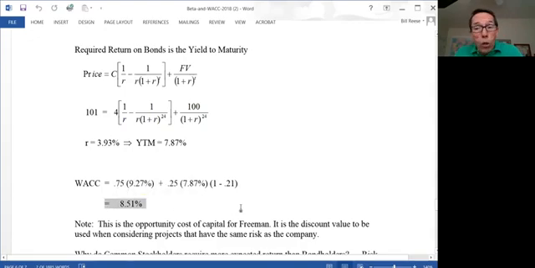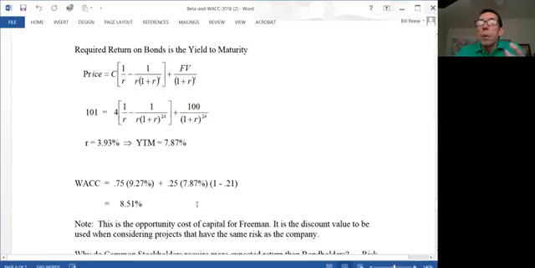Now, you don't use this if the cash flows all go to the stockholders. If the cash flows go all to the stockholders, you use 9.27%. If you've got some sort of a project where the cash flows all go to the bondholders, you don't use that. You're going to use the 7.87%. So this is for projects where the cash flows go both to the stockholders and the bondholders when we're dealing with free cash flows.